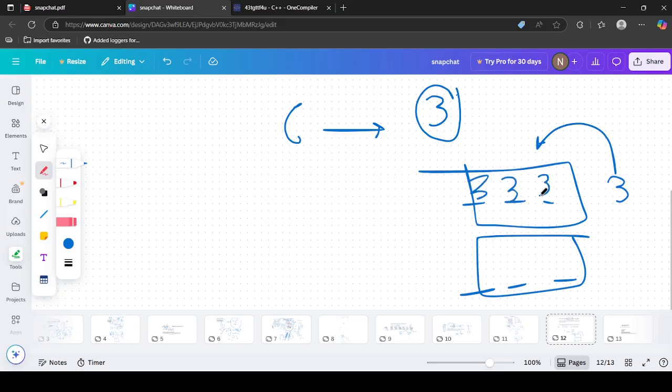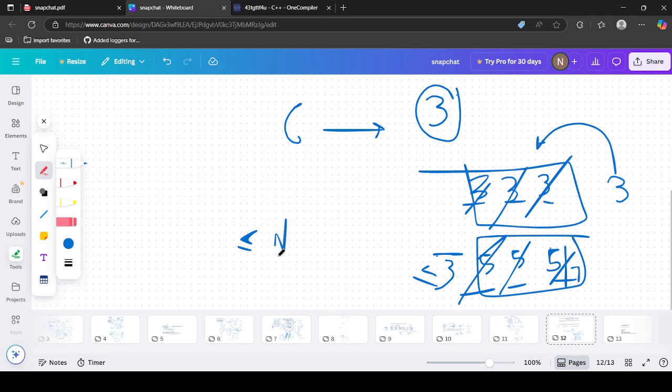Any other frequency is less than 3, so there can be 5, 5, 7 or anything, because the frequency can be less than or equal to 3. In this case, all can be paired with the higher frequency number. So if the frequency is less than or equal to n by 2, we can pair every pair, so the answer will be n by 2.